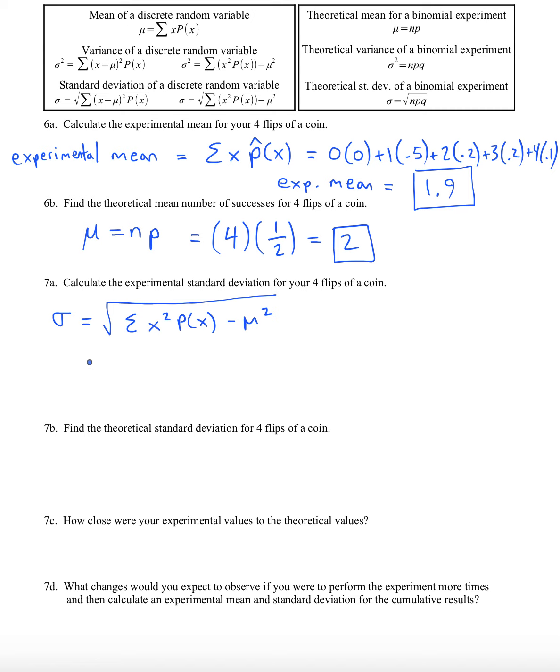So our x squared p of x values were 0 squared times 0 plus 1 squared times 0.5 plus 2 squared times 0.2 plus 3 squared times 0.2 plus 4 squared times 0.1. Then I want to subtract my mean squared.